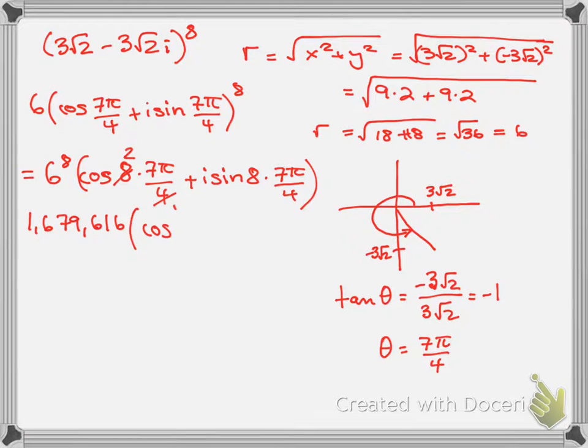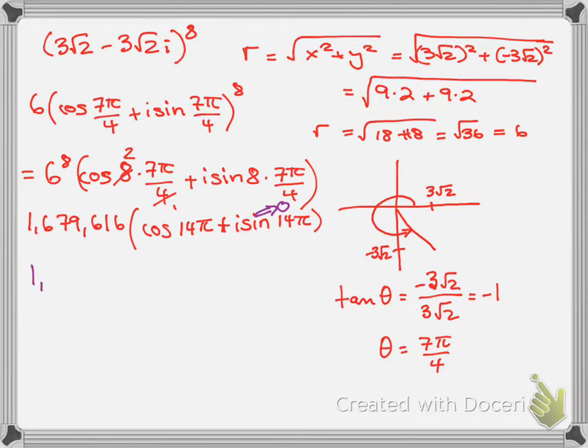So the cosine of 14 pi plus the i sine of 14 pi. Now the sine of 14 pi is equal to 0, and the cosine of 14 pi is 1.